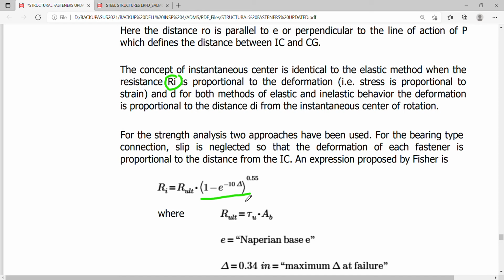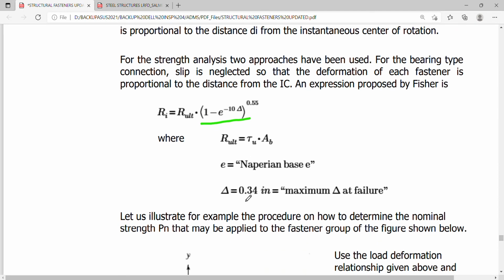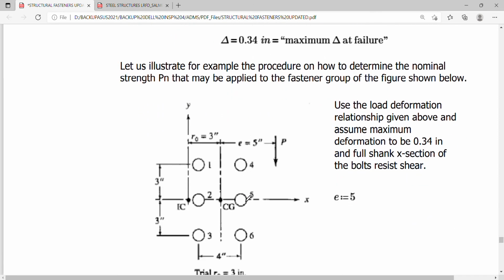and an exponent of negative 10 to the delta, where delta is actually 0.34 inch as given here to represent the maximum displacement at failure. So let us illustrate, for example, the procedure on how to determine the nominal strength Pn that may be applied to the fastener or the fastener group of this figure below.